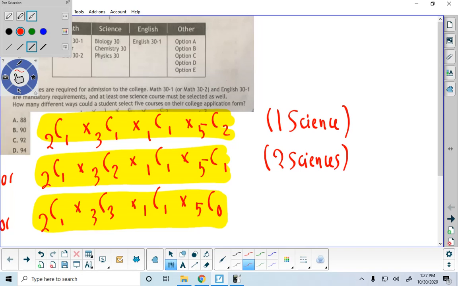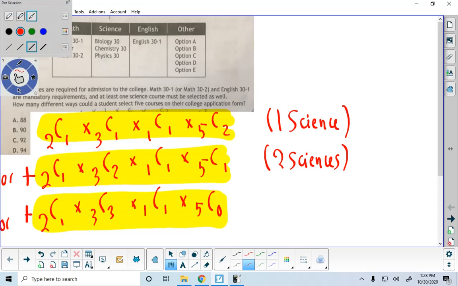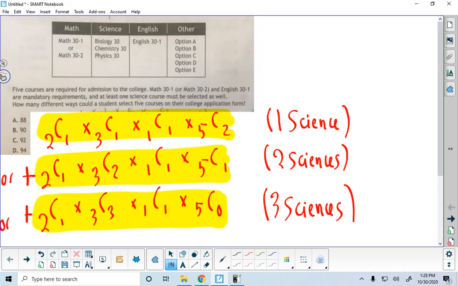You're going to have to take 2, choose 1, 3, choose 1, 1, choose 1, 5, choose 2, plus 2, choose 1, 3, choose 2, 1, choose 1, 5, choose 1, plus 2, choose 1, 3, choose 3, 1, choose 1, 5, choose 0. By the way, I didn't quite finish something here. This third option, of course, is if you're having all 3 sciences being used on the application. And that's going to give you the answer. So you can work that out on your calculator and verify that that would be the answer.